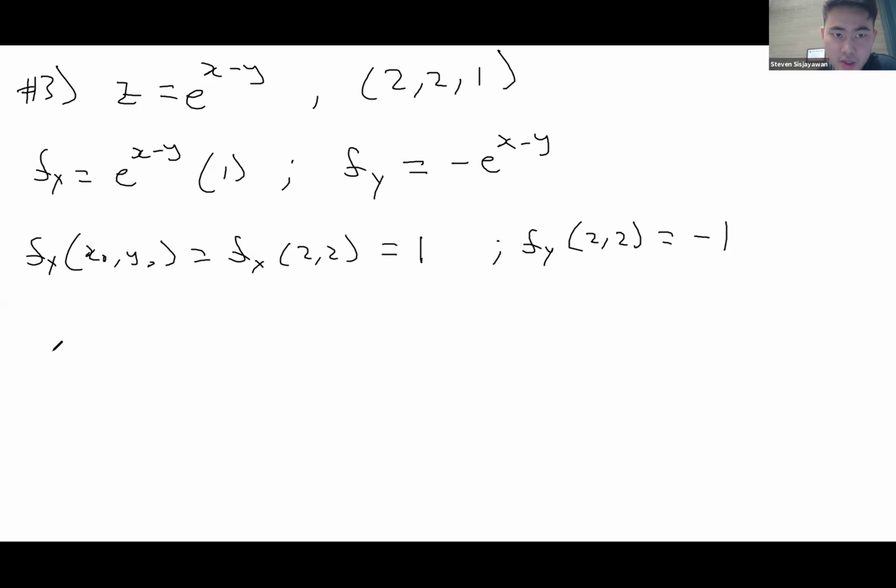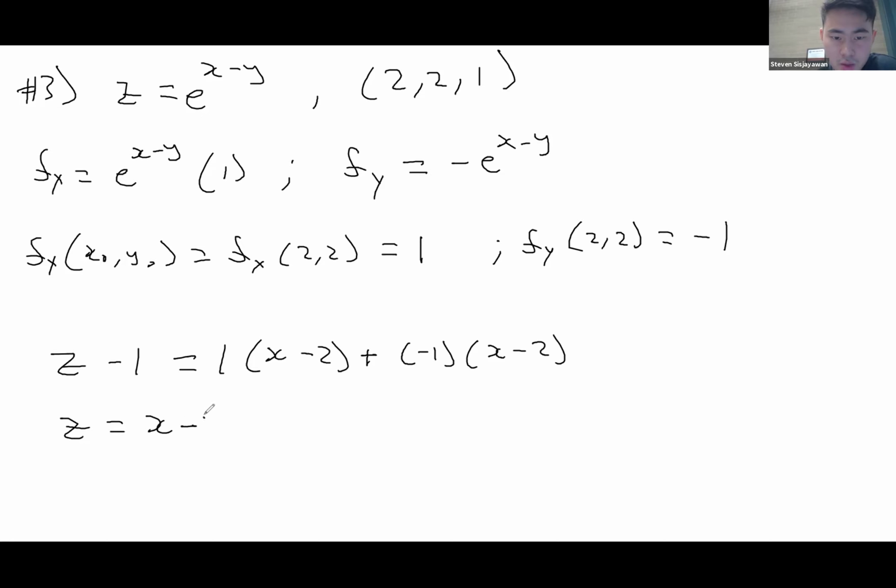So we have that z minus 1 is the same thing as 1 times x minus 2, plus negative 1 times y minus 2. So if I simplify this out, I get z is equal to x minus 2 plus a negative y plus 2 plus 1.